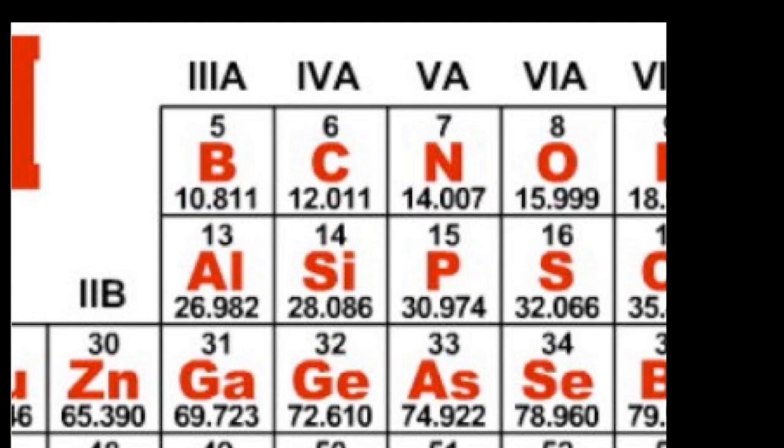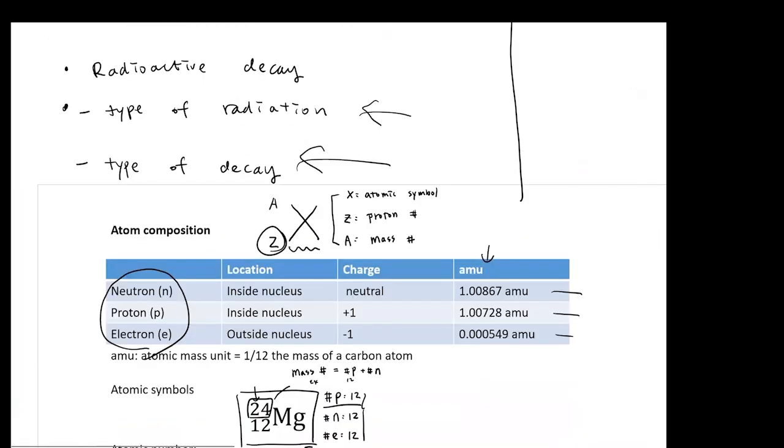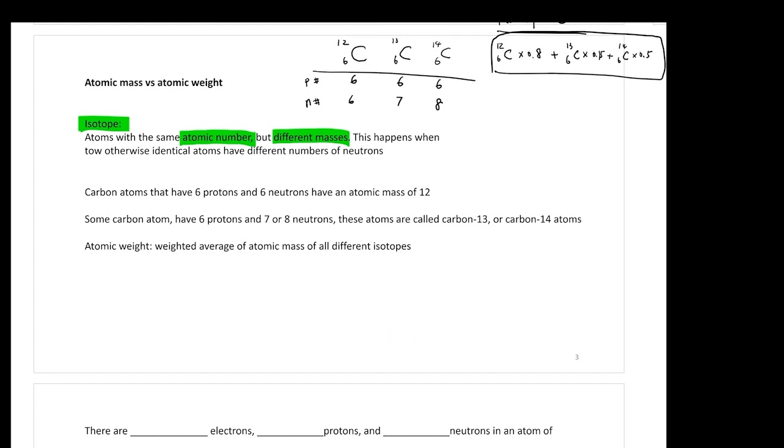Pretty much every single atom has its own corresponding isotopes. In order to get the numbers on the periodic table, you really need to know the relative abundance of different isotopes so you can calculate the atomic weight of each atom. So that's how we define the atomic mass of an atom.